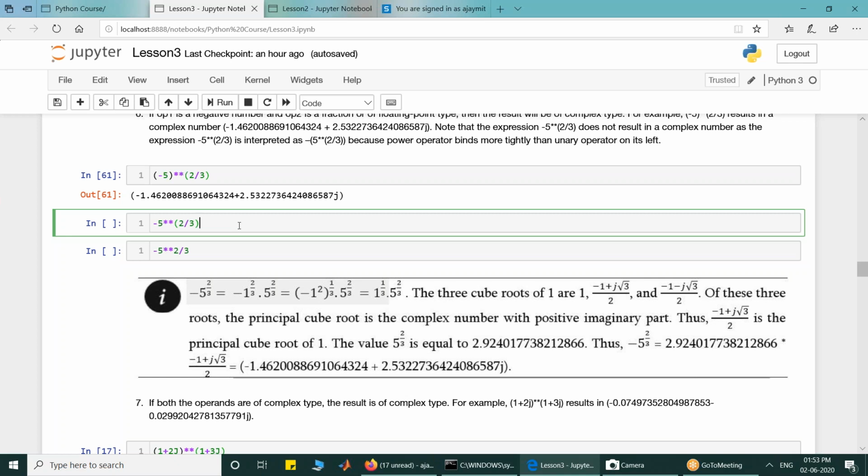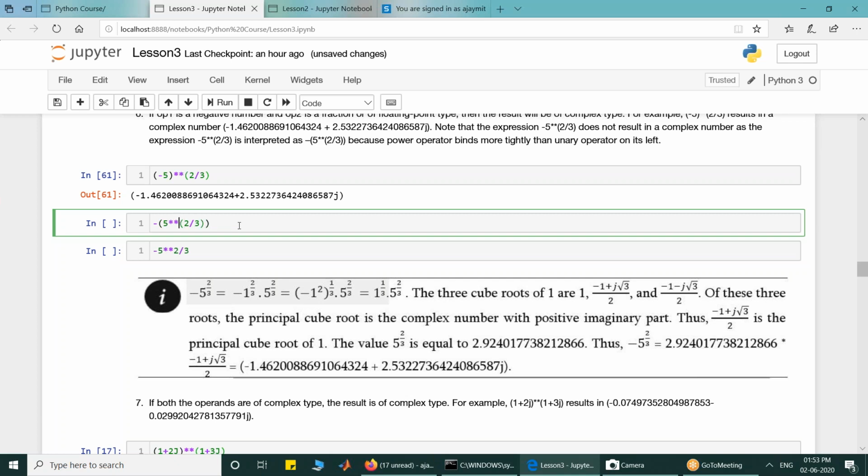Kushagra Sharma is saying same, but it would not be same, Kushagra. Just remember that the power operator binds more tightly than the unary negative operator. So this will be equivalent to this, what I have parenthesized now.